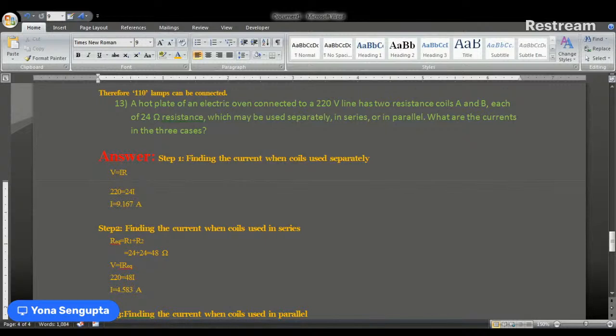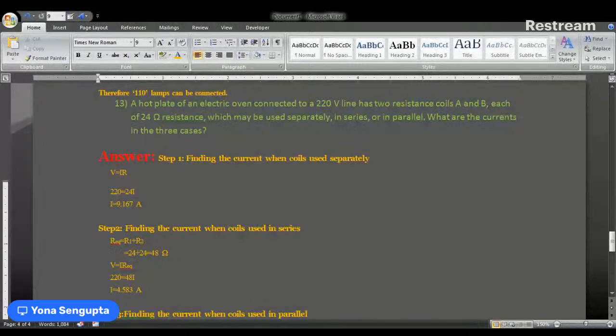We know the relation V equals I R. After calculating, we get the value of I equals 9.167 A. Next step is to find the current when coils are used in series. So we know equivalent resistance equals R1 plus R2, which gives us 24 plus 24, which is 48 ohm.